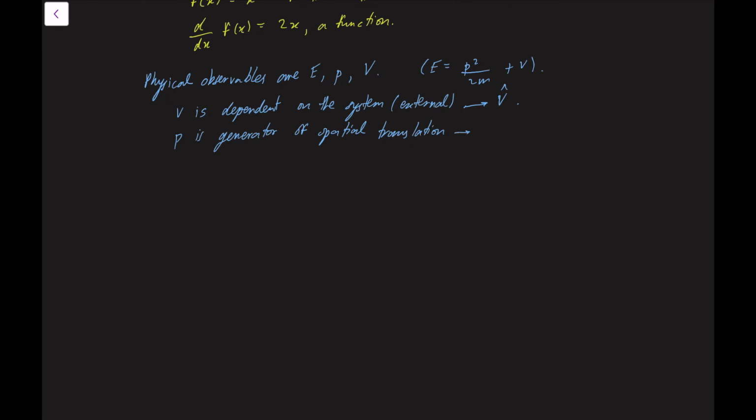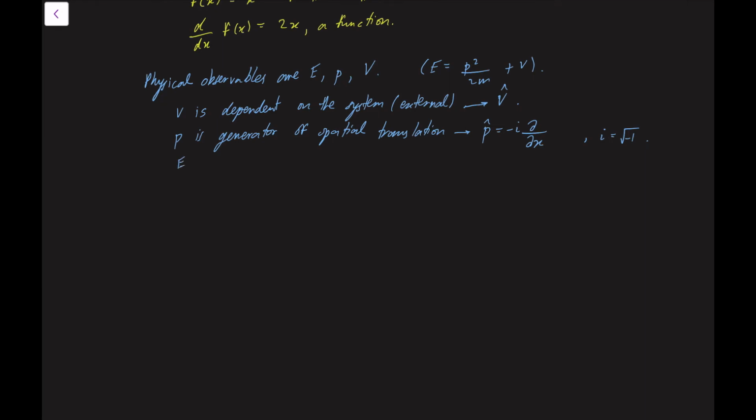So we can represent the momentum operator as a generator of spatial translations using a derivative in space, a derivative in x, and multiplying it by some factor. In this case, we multiply it by negative i, where i is the square root of negative 1.